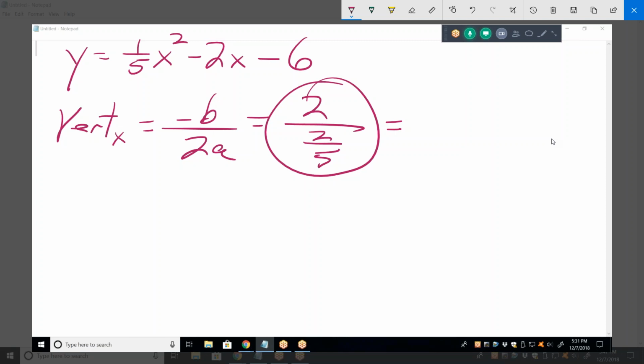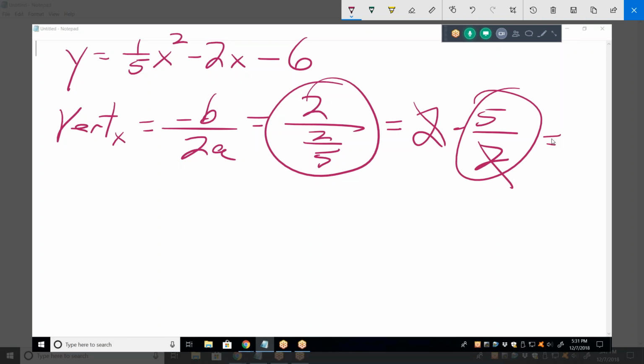You flip and multiply. That is flipped. And then that becomes 5. So the x-coordinate of the vertex is 5.